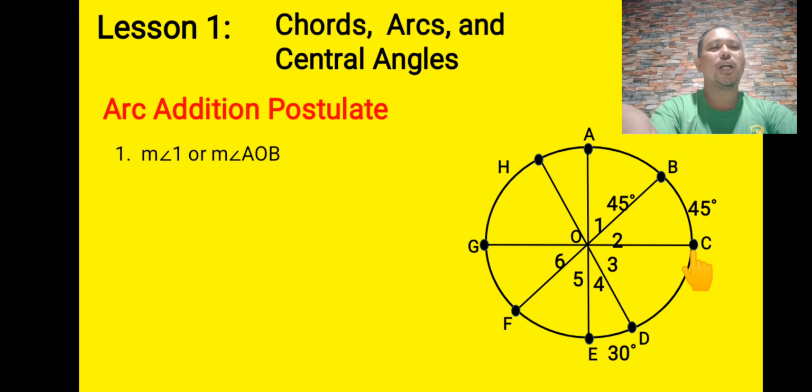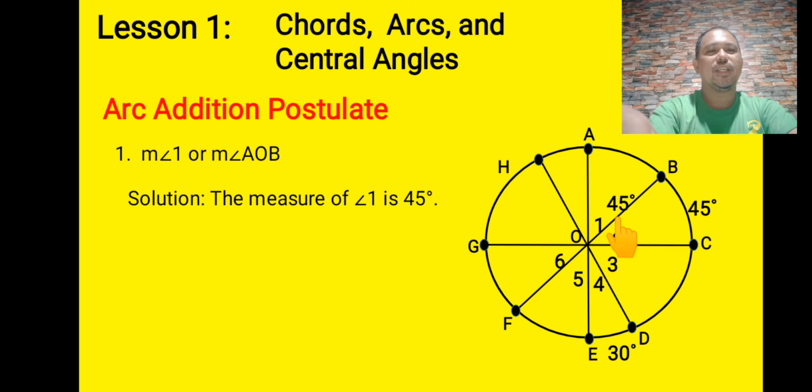The measure of angle 1 or measure of angle EOB is equal to, we have here the answer, 45 degrees. Okay, the measure of angle 1 is 45 degrees. The measure of angle EOB is 45 degrees.